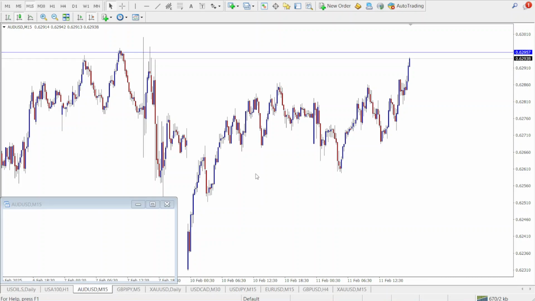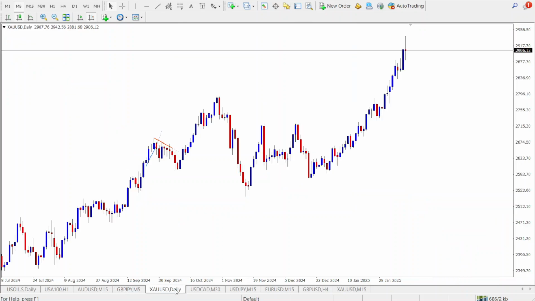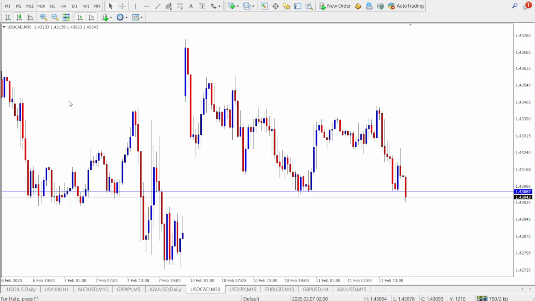This is the GBP/JPY, meaning we are comparing the Great Britain pound against the Japanese yen. This is the XAU/USD, meaning we are comparing gold against the US dollar. This is USD/CAD, meaning we are comparing the United States dollar against the Canadian dollar, and so on.